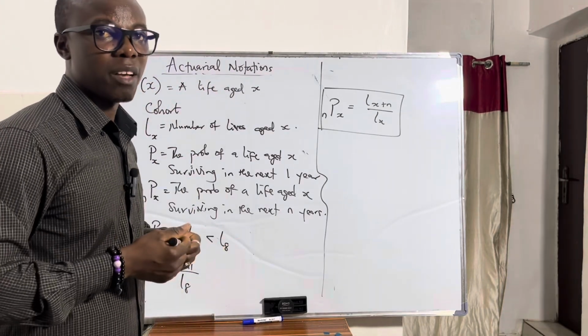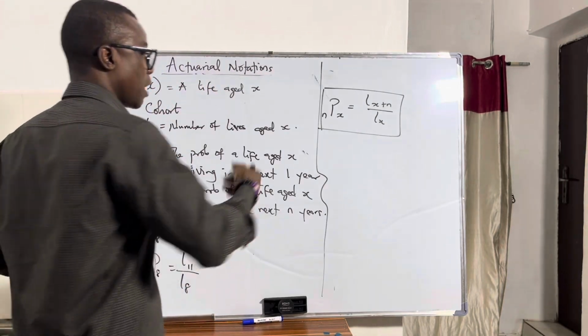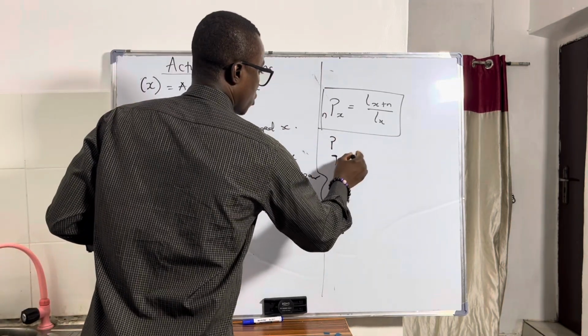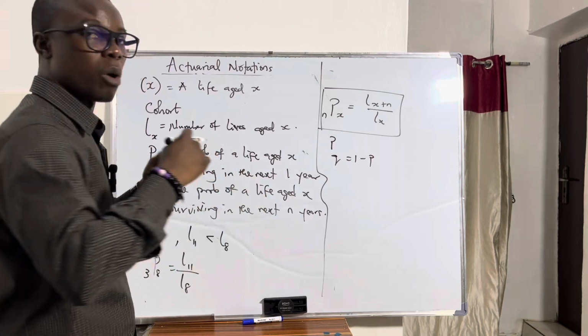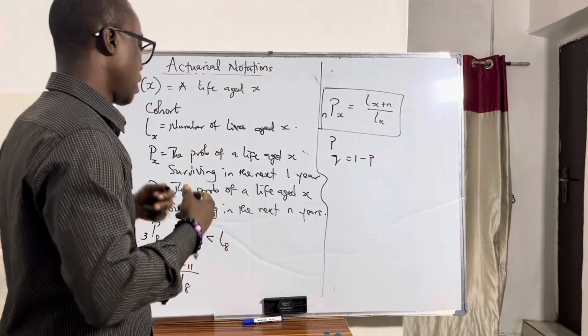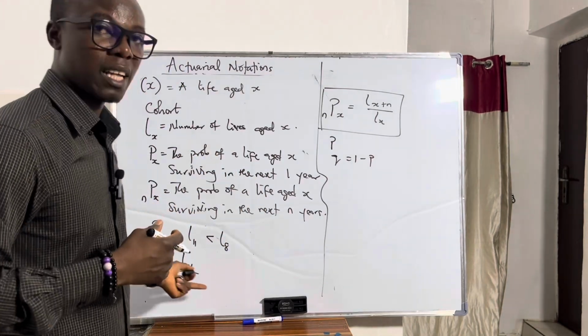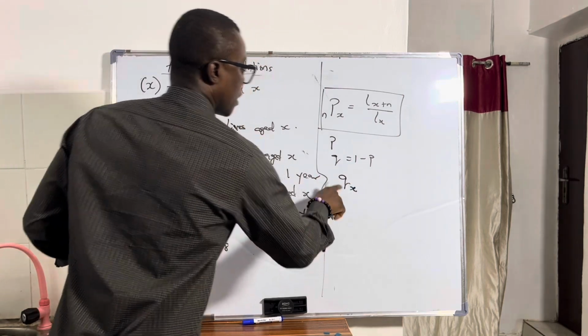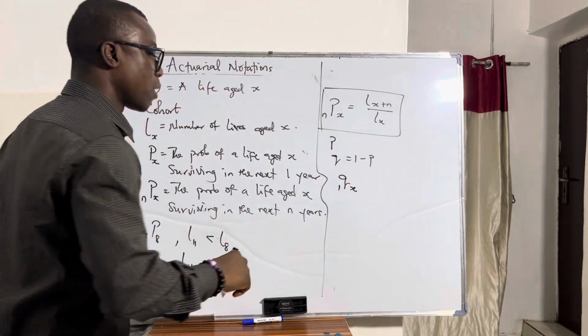Now, just like in probability, we said if P is the probability of an event occurring, then Q, which is 1 minus P, is the probability of it not occurring. We can relate that to this. So let's say qx. If we put 1 here, what does it simply mean?